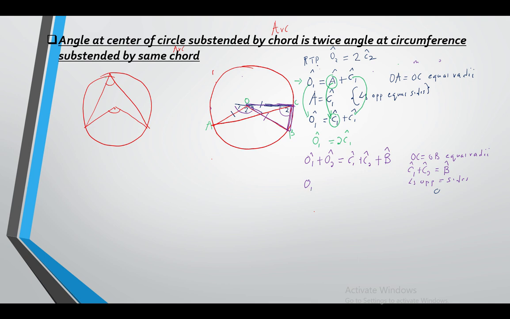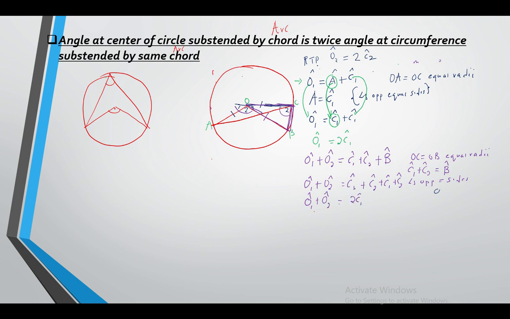You say O1 plus O2 is C1 plus C2. You can replace B with C1 plus C2 because I said B equals C1 plus C2, so that's C1 plus C2 plus C1 plus C2. Which is the same as O1 plus O2 is equal to 2C1 plus 2C2.